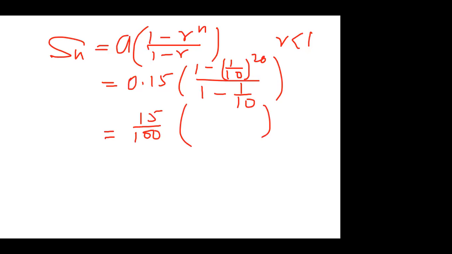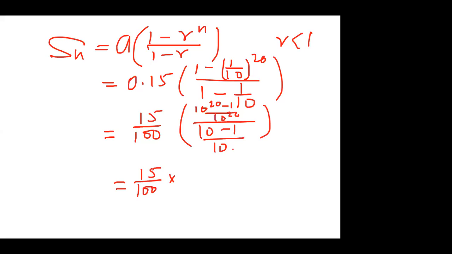Taking LCM 10, it is 15 upon 100 into this 10 upon this 9, into 10 to the power 20 minus 1 upon 10 to the power 20.